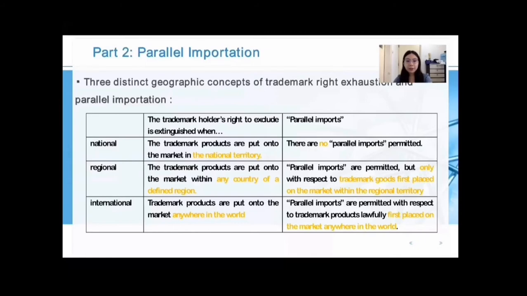Under a regional exhaustion policy, the trademark holder's right is extinguished when trademark goods or services are put onto the market within any country of a defined region, such as the European Union. Parallel imports are permitted, but only within the regional territory. Under an international exhaustion policy, the trademark holder's right is extinguished when a trademark product is put onto the market anywhere in the world. Parallel imports are permitted anywhere in the world.